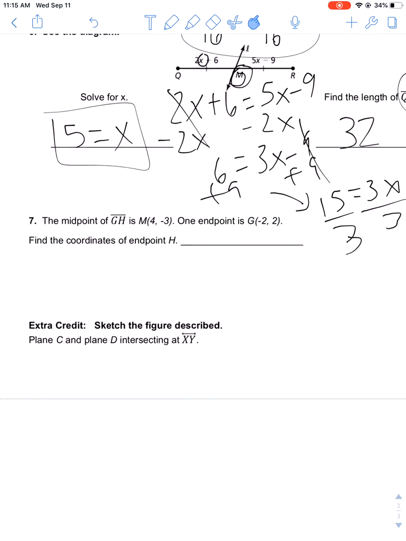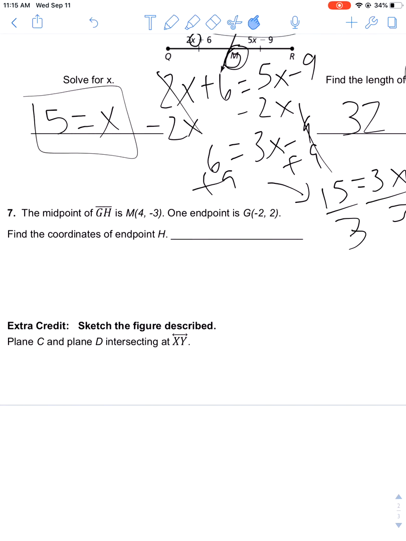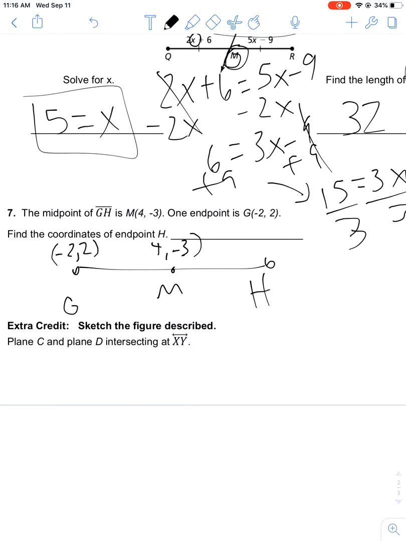Find the midpoint, or find the coordinate. So we've got this thing, GH. So I know that this is (-2, 2). And I know some midpoint is at (4, -3). So we've got to figure out what's the distance from here to here.